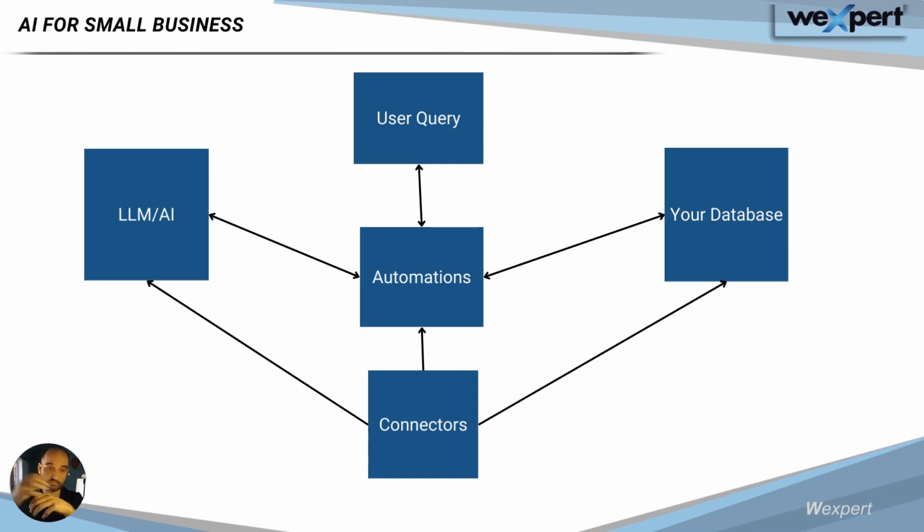So what happens when there is a query? Let's say this query is from your customers or from your employees or whoever it may be. You can connect that to your automation system to make sure you respond with the appropriate answer, and that automation can communicate with your database, get some data from your database, and make that whole query or response more conversational through communicating with the AI and language model, even adding more information to that, and then get back to the user with an appropriate response.